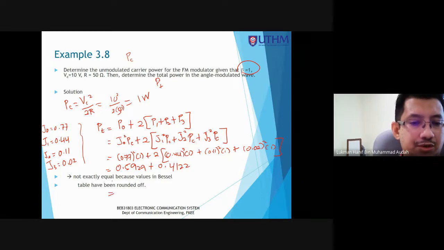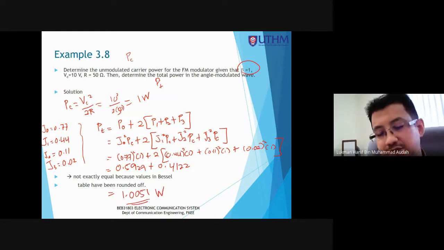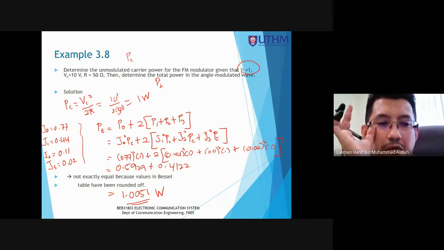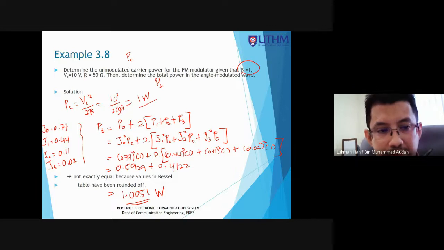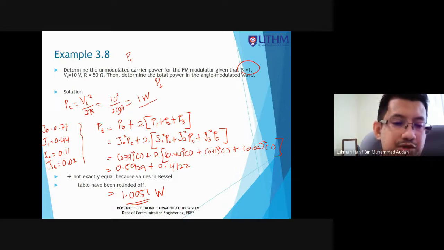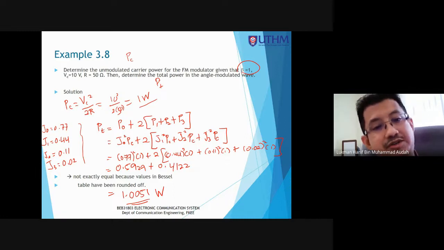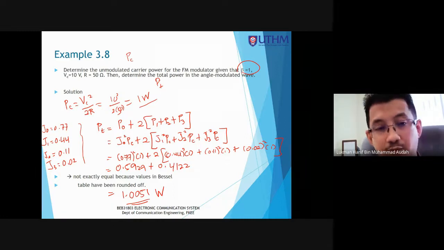So at the end you will get 0.4122 plus 0.5929, which is 1.0051 watt. Do you see the difference? From PC we get 1 watt. When we calculate using the long equation, we get 1.0051 watt, which is approximately 1 watt.